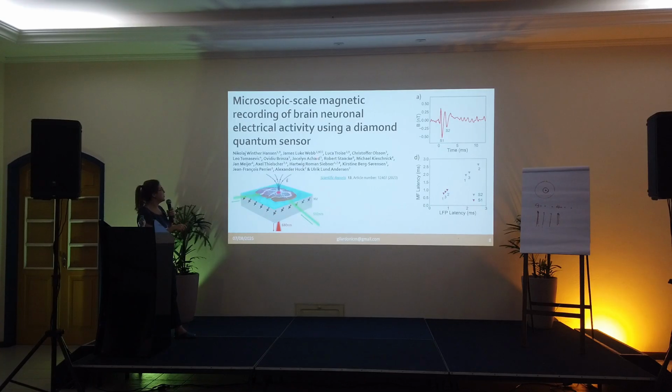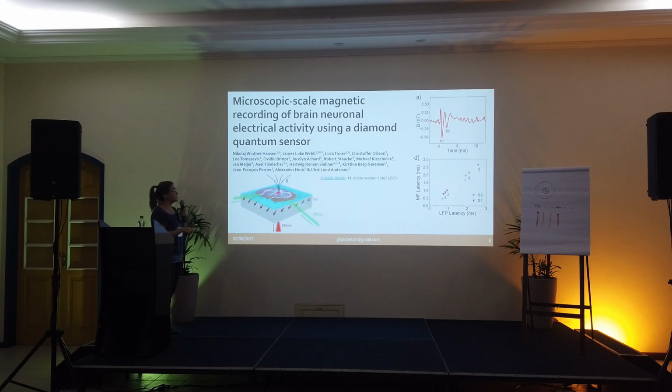You can also use them for biological studies. So this is a study where they use now an ensemble of NVs. So for those of you who asked whether we work with singles or with ensembles, it depends a little bit on what we're looking for. In this work, they use an ensemble of NVs, so a diamond crystal here with a myriad of NVs in it.